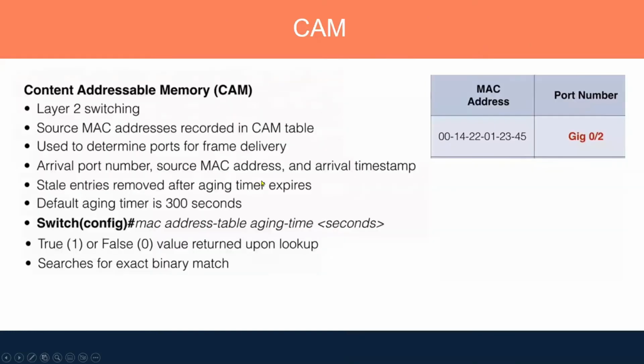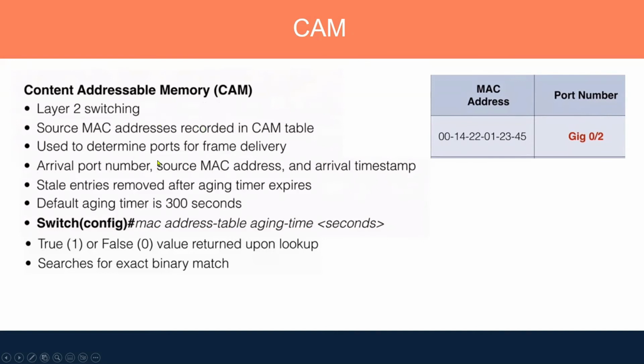Now let's understand the other thing, which is the CAM table, content addressable memory. It is used in layer 2 switching, and it is going to store the MAC addresses. The source MAC address would be recorded in the CAM table.